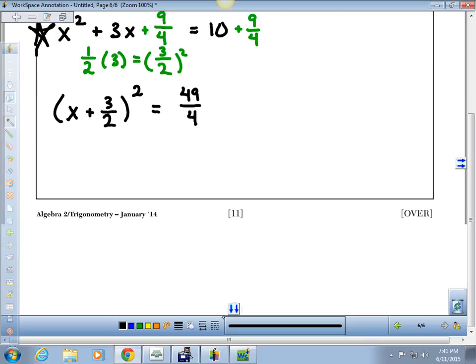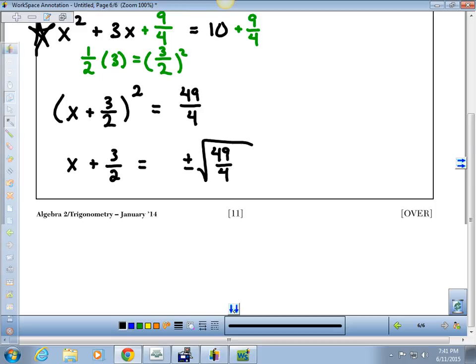So let's solve it. How do we undo a square? Positive negative square root, right? X plus 3 halves equals a positive and a negative root 49/4, which is nice. Why?